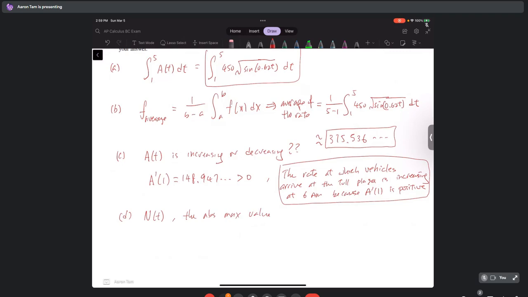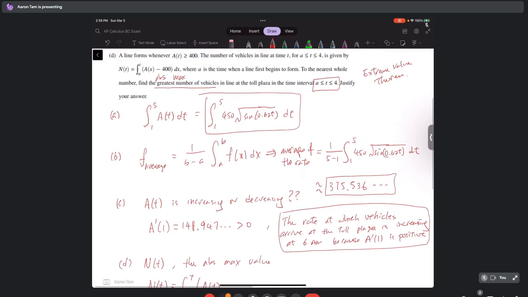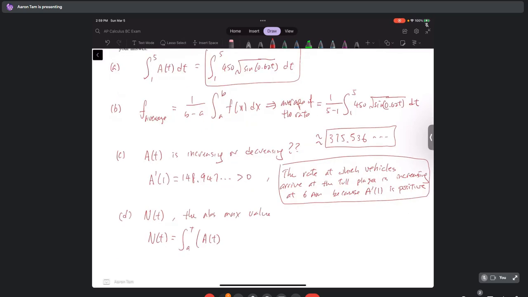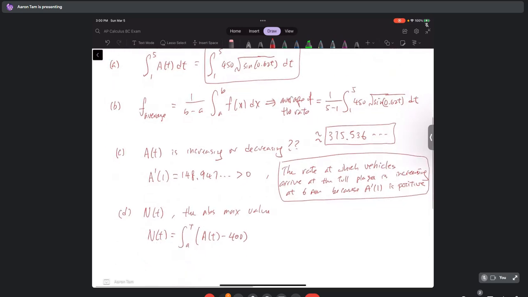To do that, I start with N of t, which is the integral from 0 to t of A of x minus 400 dx. Because t is in the limit, we can't use t in our integral.